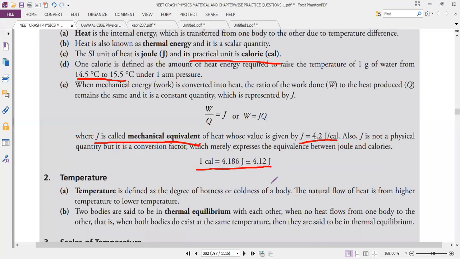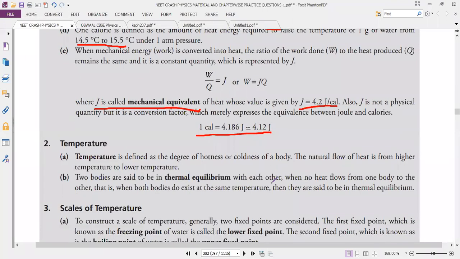So next one, temperature. It is the degree of hotness or coldness of the body. Heat flows from higher temperature to lower temperature. Very important: thermal equilibrium.